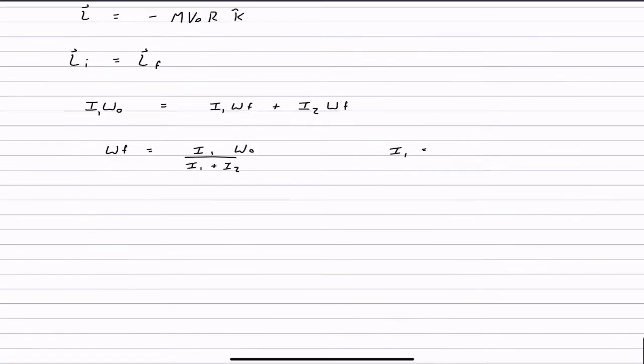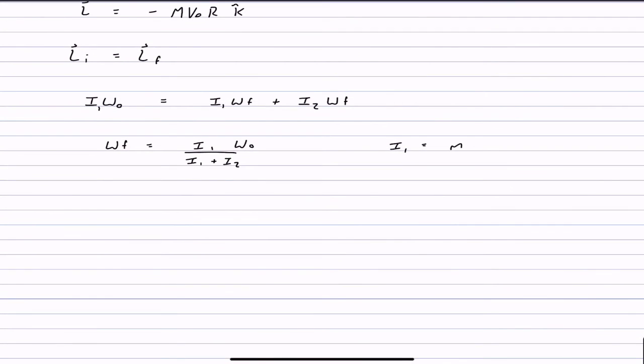So that's just going to be m r squared. We're told that the mass is 0.1 kilograms, and the radius is 20 centimeters, so 0.2, and that's squared. And the moment of inertia of the cylinder is going to be one half m r squared.